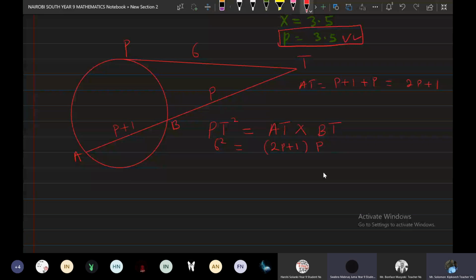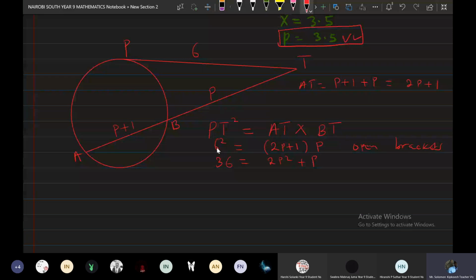Yes. Good. So 6 squared, this is 35, equals, you open the brackets. If you open here, you get 2P squared. Excuse me, sir, 6 squared should be 36. Oh, okay. My brain is moving very fast. So 6 squared is 36.